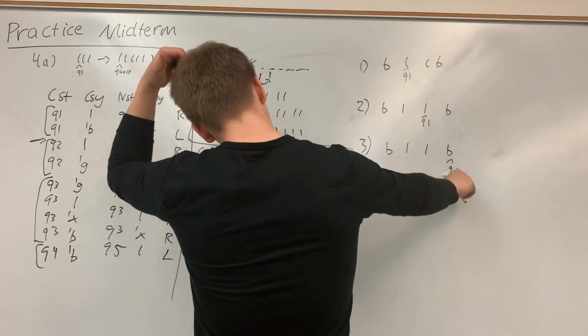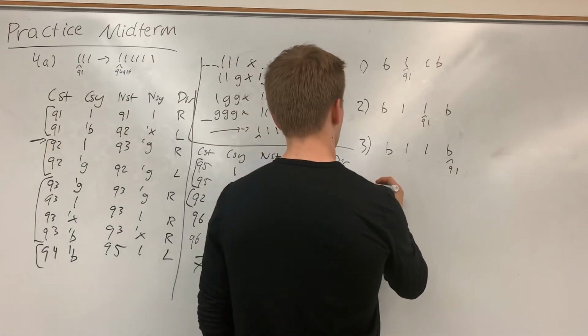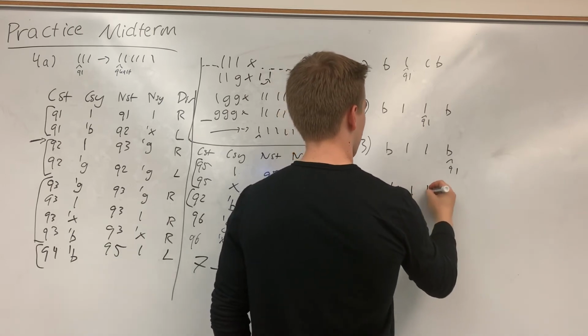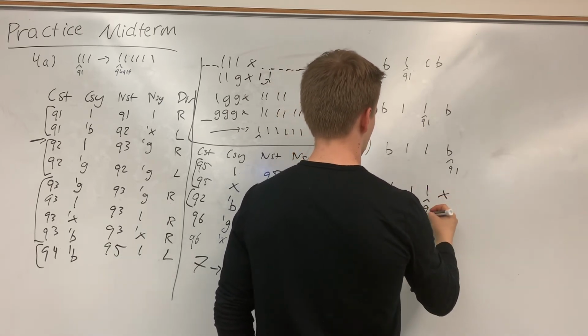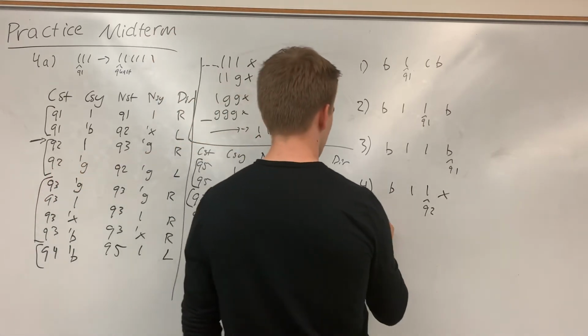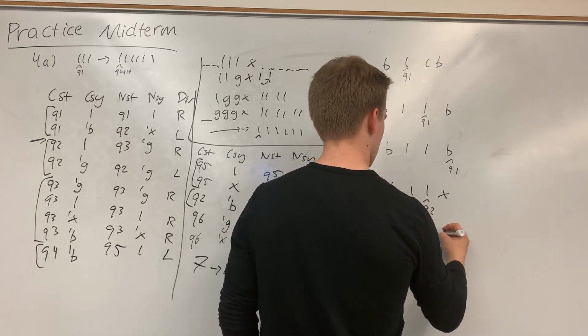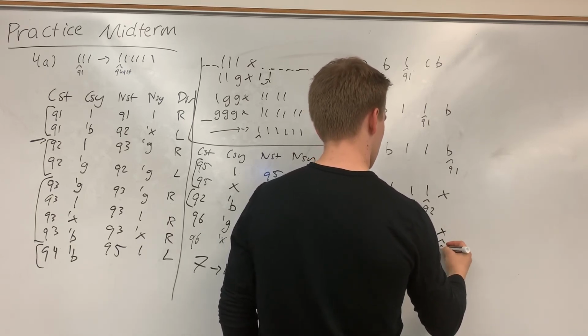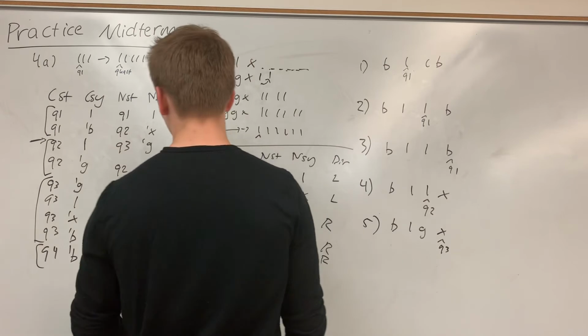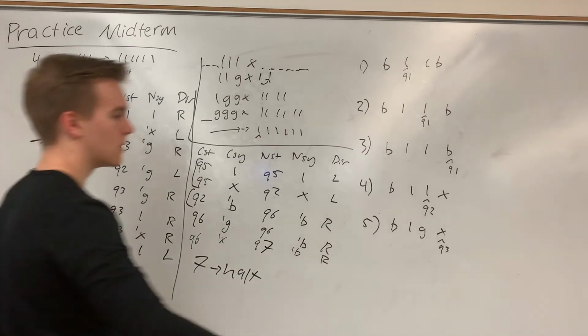Once it encounters this blank, it's going to move to Q2. I think it's moving back this way. Q2 encounters that 1, moves to Q3 and changes it to a G. And then moves to the right. Q2 encounters 1, moves to the right.